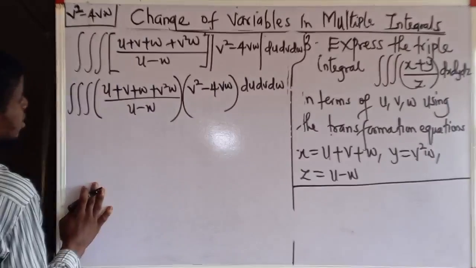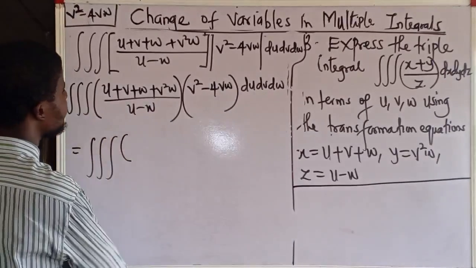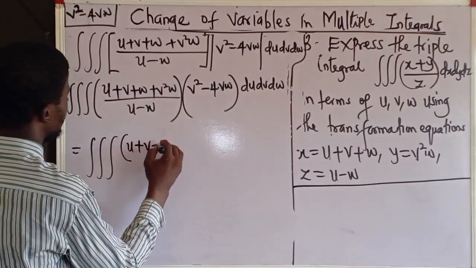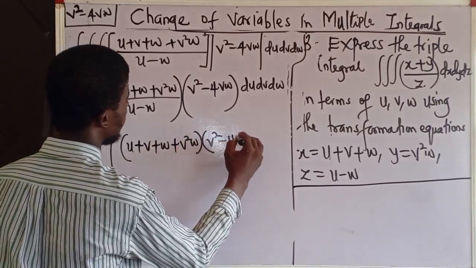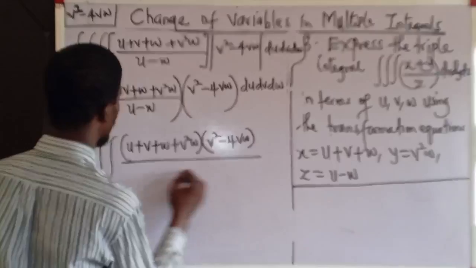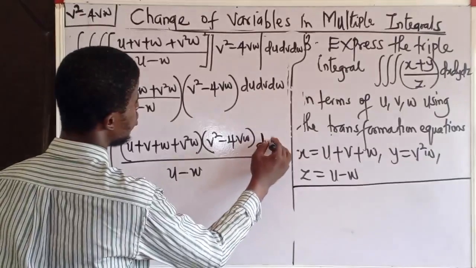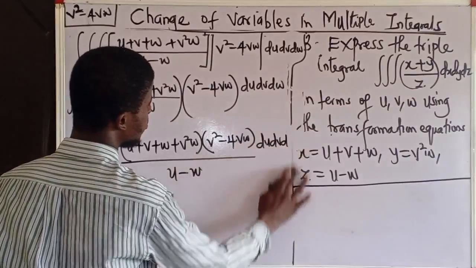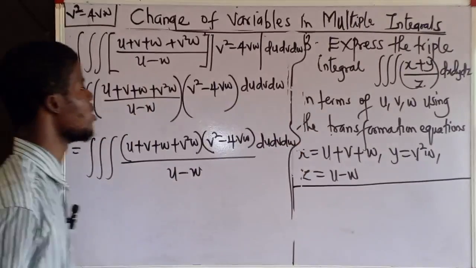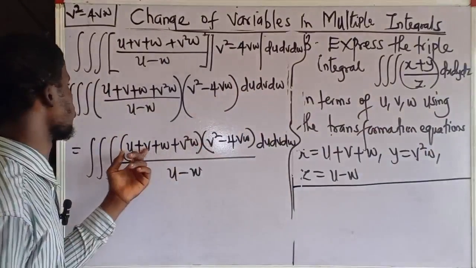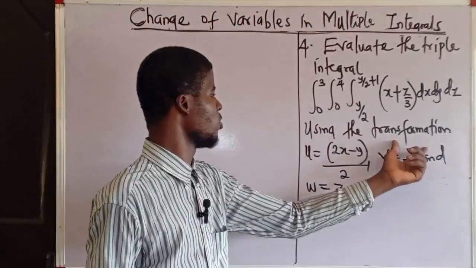So I can write this as u plus v plus w plus v squared w, into v squared minus 4vw, divided by u minus w, du dv dw. So this is the integral now. We've transformed this one in terms of x, y, and z into u, v, and w, and this is what we have.